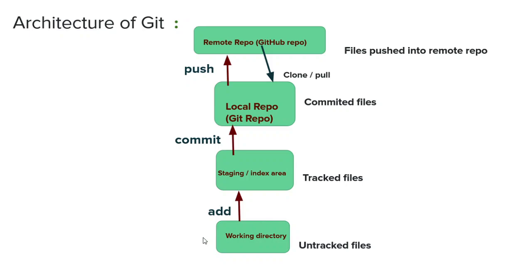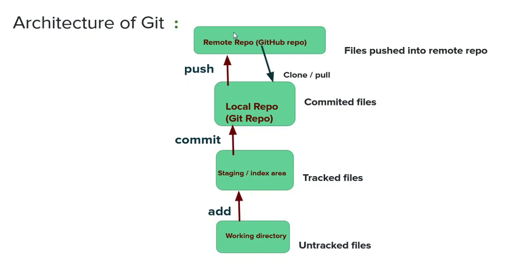After committing to the local repo, the changes can be pushed to the remote repository so other developers can also access them. We use the push command to push the local changes from the local repo to the remote repository. We can also clone the remote repository.